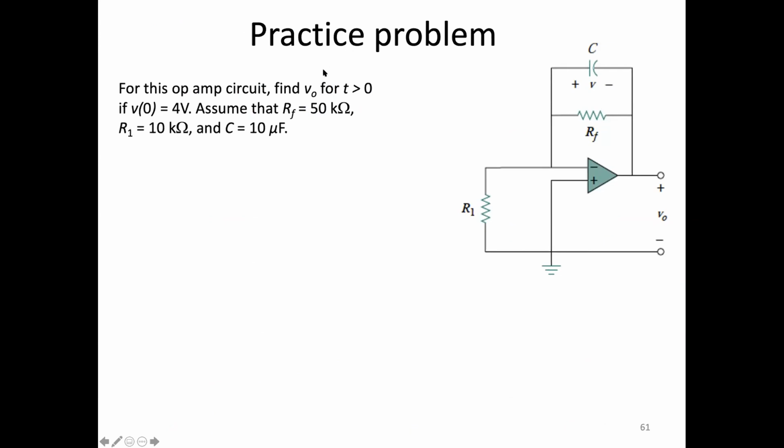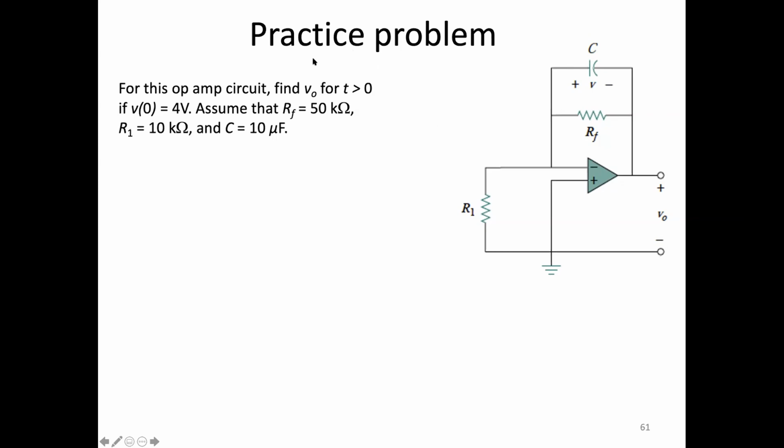And I'm going to first define what the problem is. The problem is to find V naught, given that the initial value of this capacitor voltage here is equal to 4 volts, right? So the first thing as always is to find a solution for V of T.